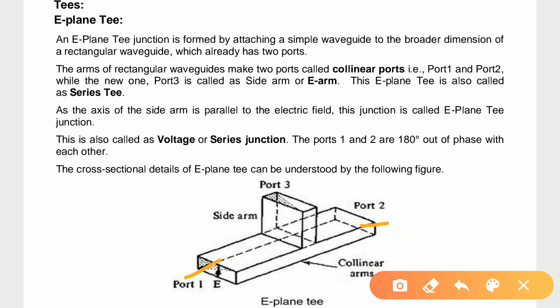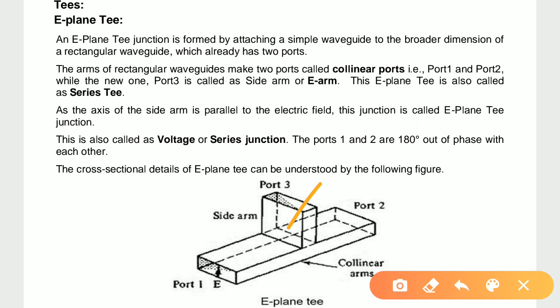The arms of the rectangular waveguide make 2 collinear ports, port 1 and port 2, while the new one, port 3, is called the side arm or E arm.